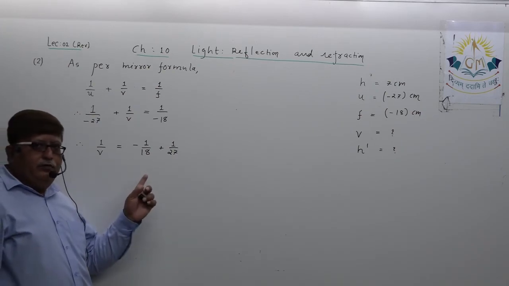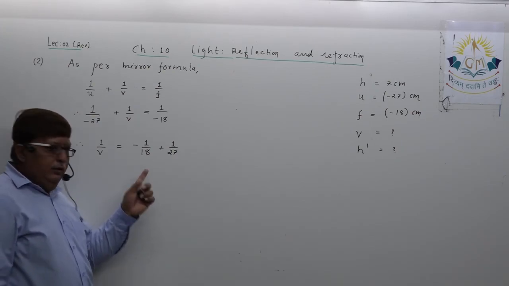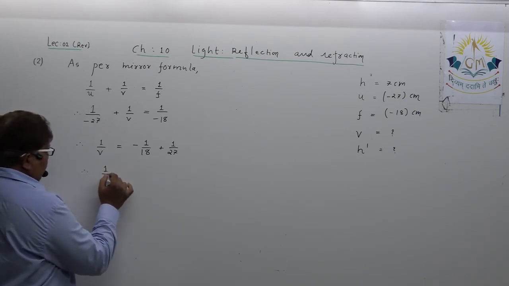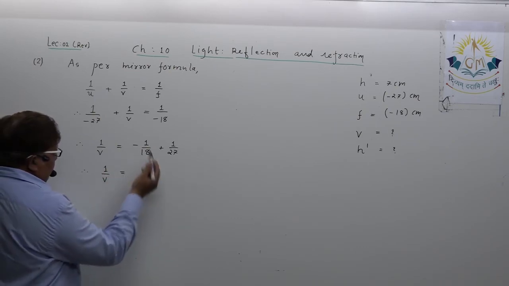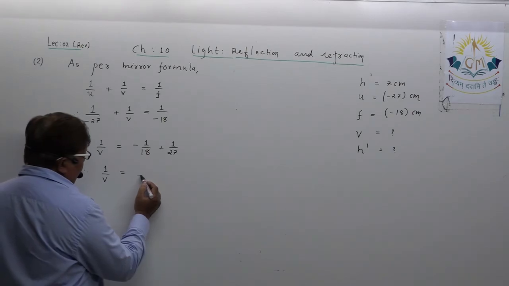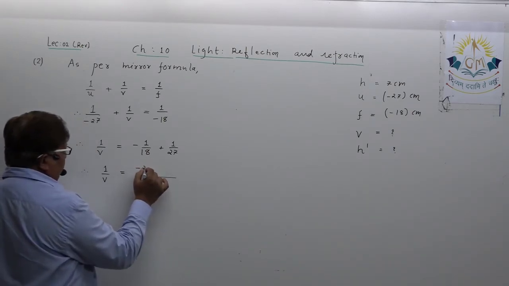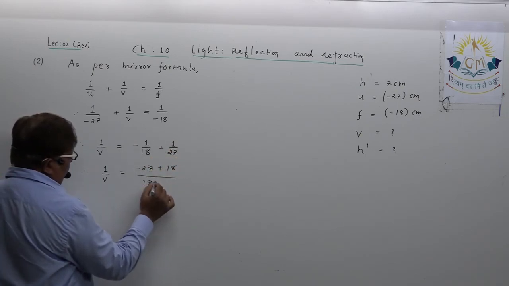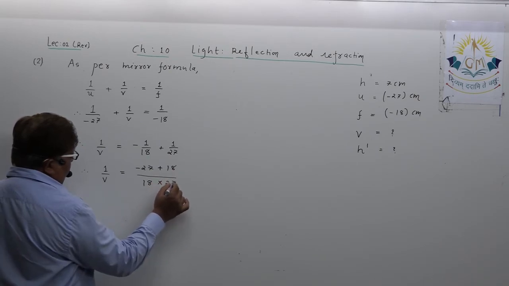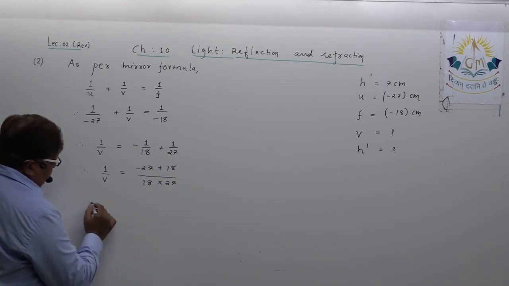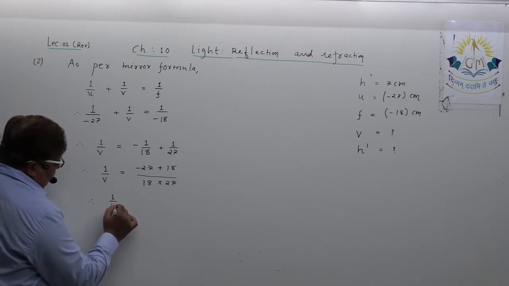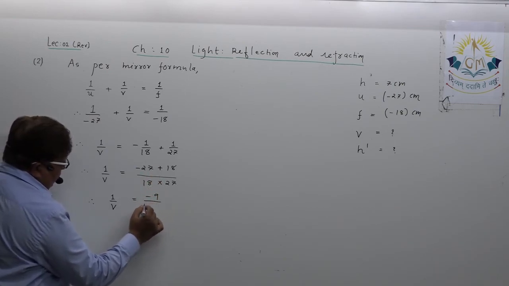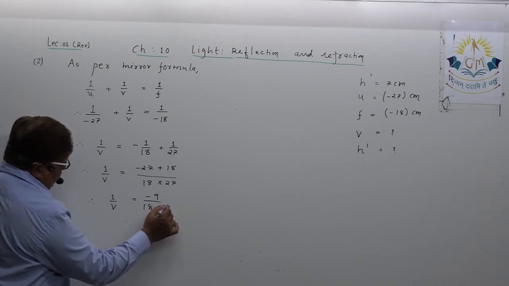Just the transfer of the term and taking LCM. That I already told you. Rather than going for that particular way of LCM, this is the simple way you can follow: minus 27 cross plus 18 upon 18 into 27. So 1 upon v equals minus 9 upon 18 into 27.